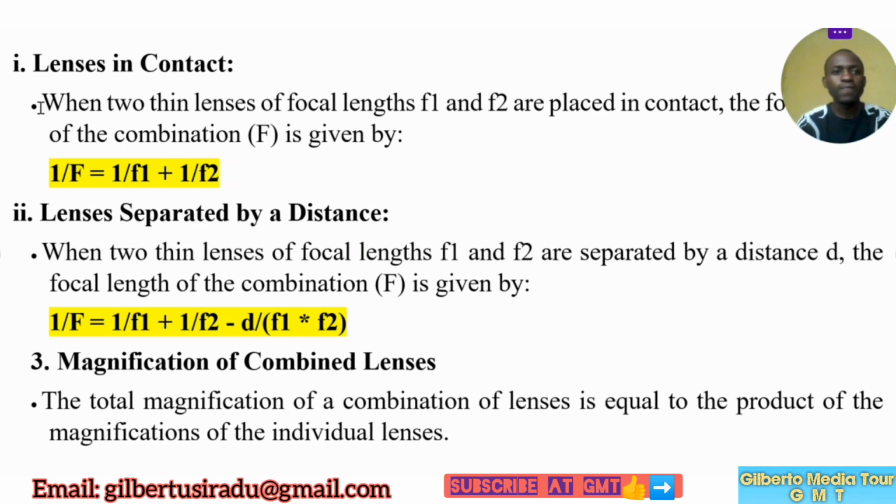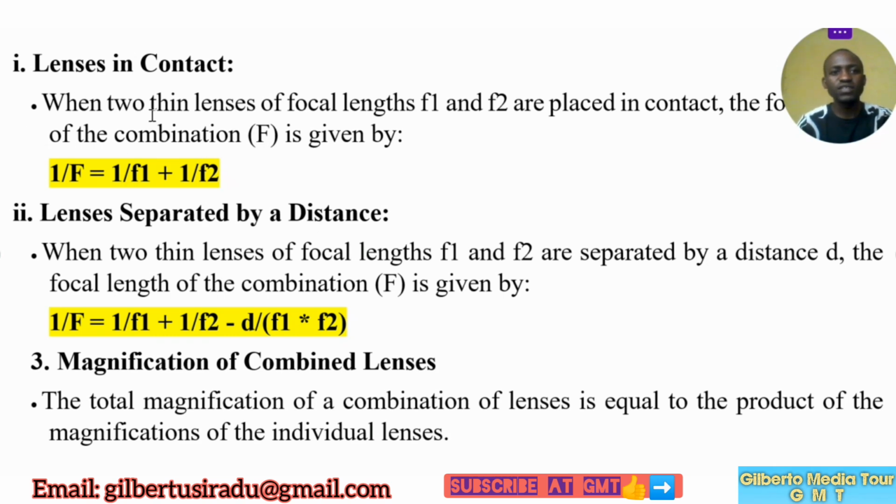Case number one, lenses are combined so that they are in contact. Maybe also the lenses can be two, like in a microscope, so that there is a distance separating the two lenses. The reason why we are going to see what the power and the focal length can be in case there is a combination.